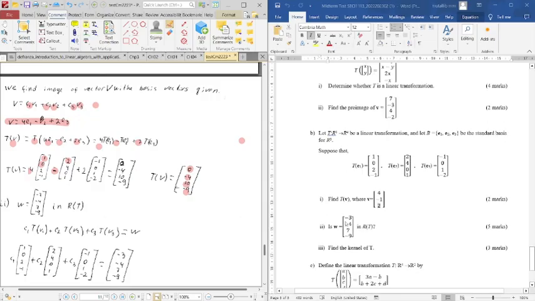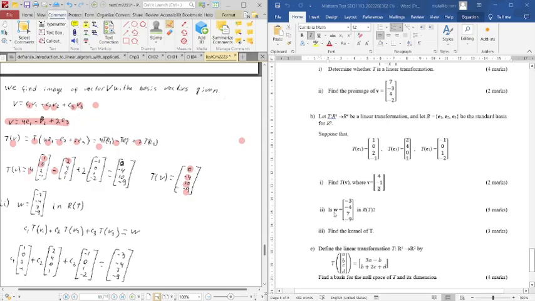So for the second question, is vector W in the range of T?